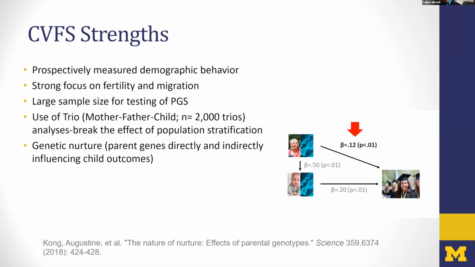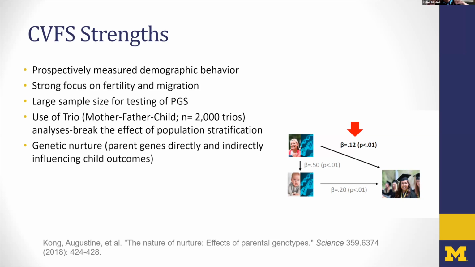But there's also the process of the parent's genes influencing, say, the way they parent or the selection into certain environments. And that can have an indirect effect from the parent to the behavior.